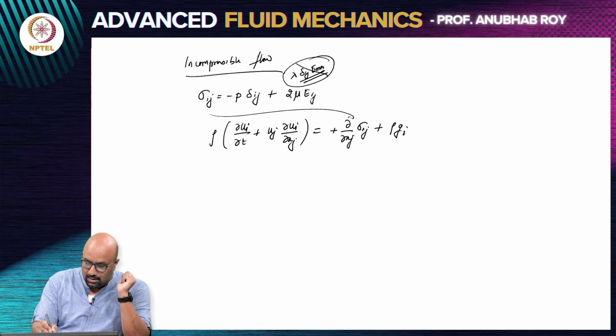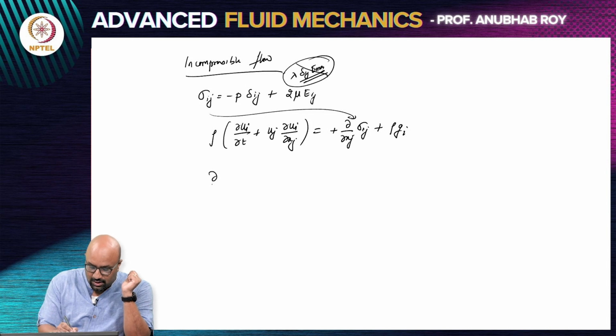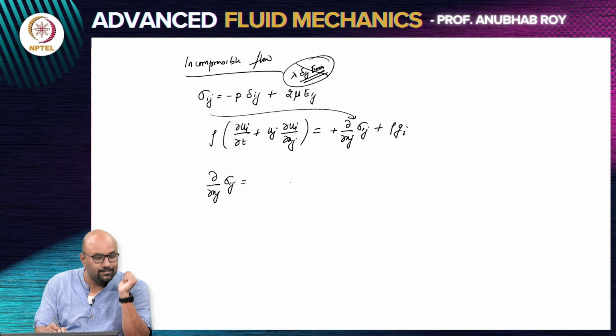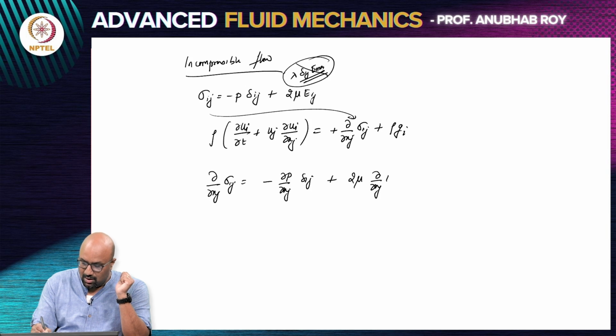So, substitute. What is dou xj of sigma ij? That would be minus dou p dou xj delta ij plus 2 mu dou xj of eij.